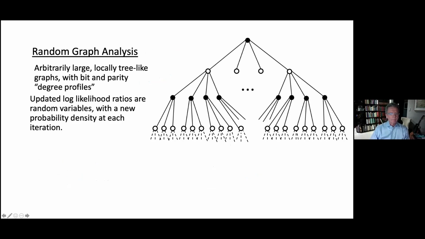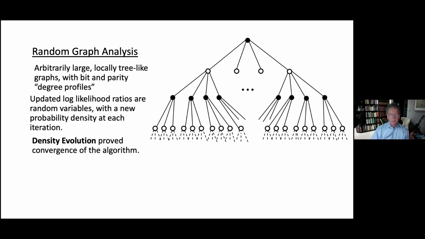So there was a breakthrough that occurred in the late 90s, I guess I would say, in terms of analyzing how these codes worked. How do you prove that an algorithm that's constantly updating these log likelihood ratios based on information coming from other bits will converge to the right answer?